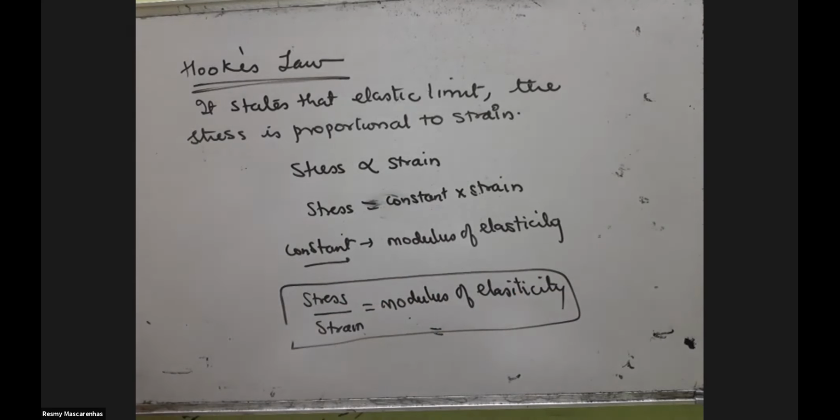So stress upon strain is nothing but modulus of elasticity. If you are asked to define modulus of elasticity, it is the ratio of stress to the strain within elastic limit.